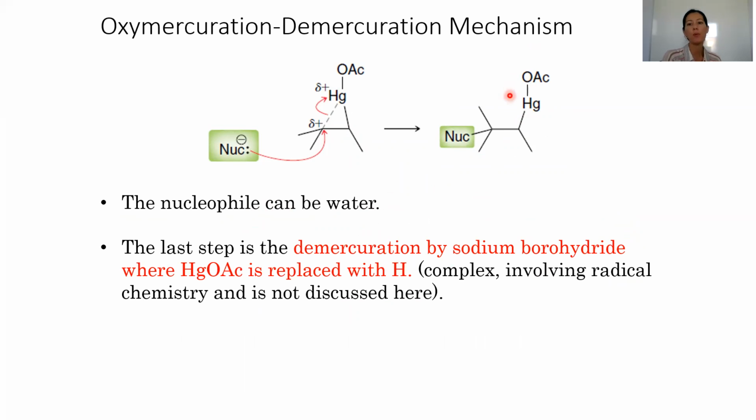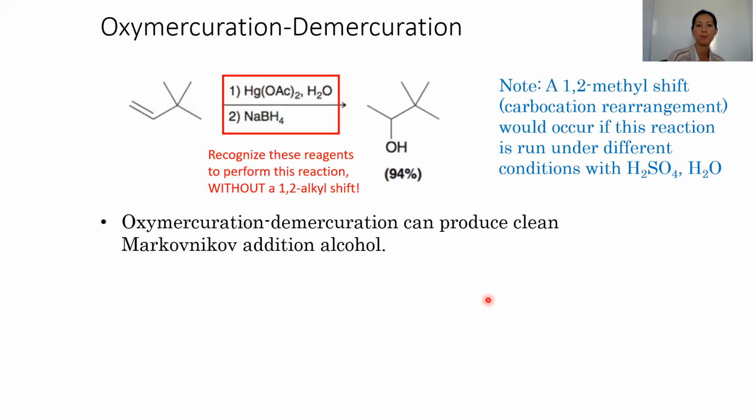The final step is we want to get rid of this mercury. So to do that, we treat it with sodium borohydride, and effectively this whole group is replaced with an H to give, if your nucleophile is water, the alcohol product. I'm not going to go through the mechanism of that. What you need to recognize are the reagents used to perform this reaction and carry out this transformation, alkene to alcohol through Markovnikov addition.